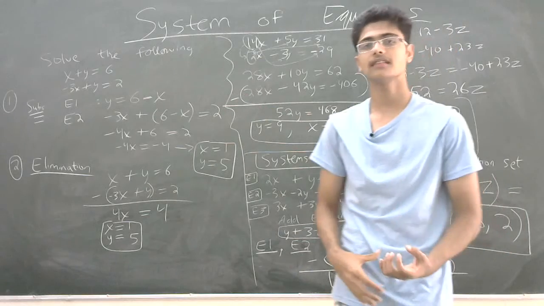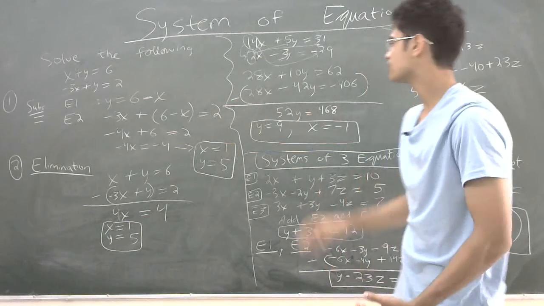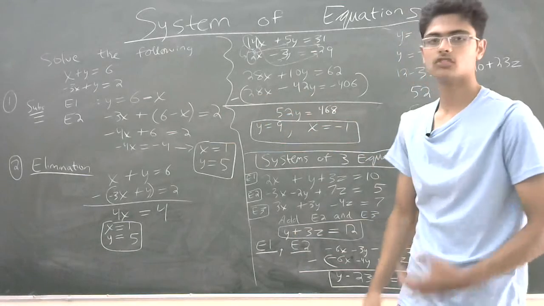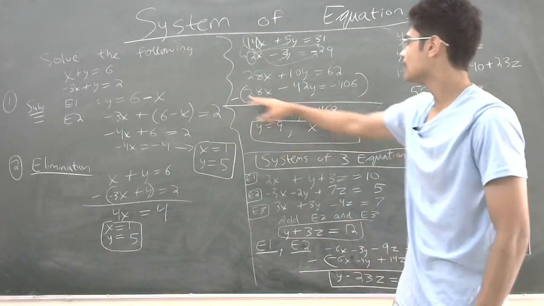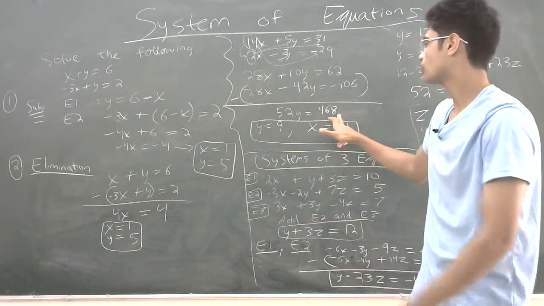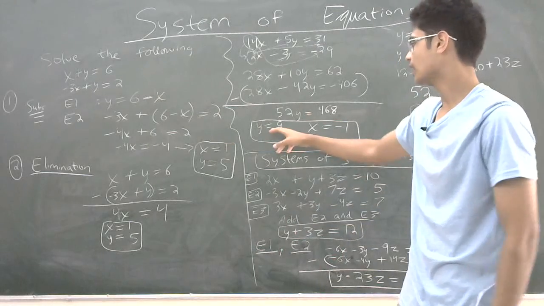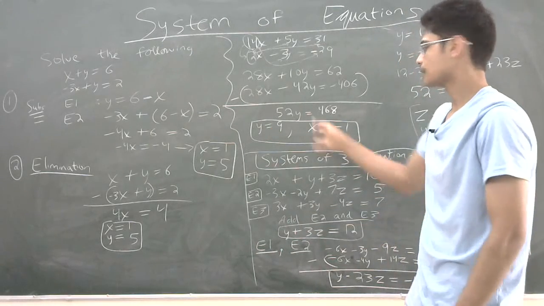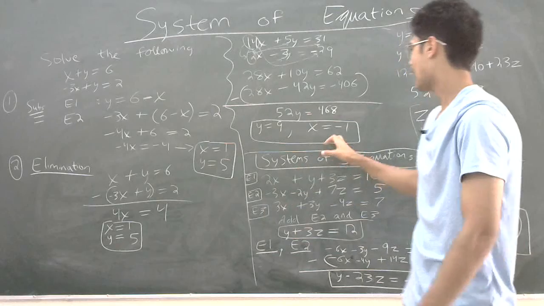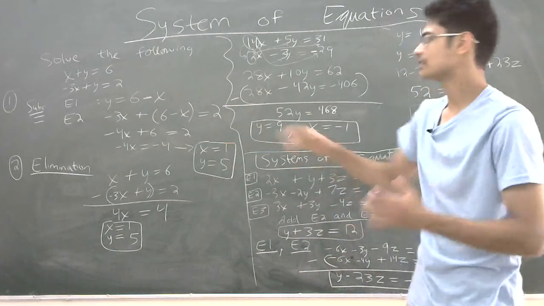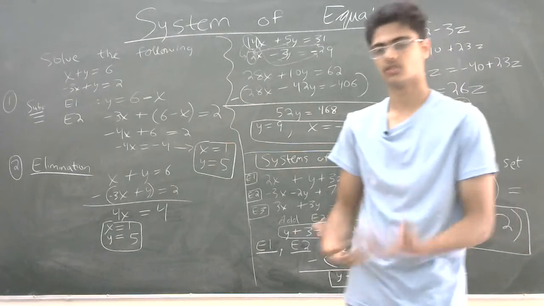So again, subtract that second equation from the first equation. And so you get negative 42y, giving you 52y, negative 406, giving you 468. And so after dividing both sides by 52, you get y is equal to 9. And then substituting this value back in, you get x is equal to negative 1. And so these are the three basic methods that you should know.